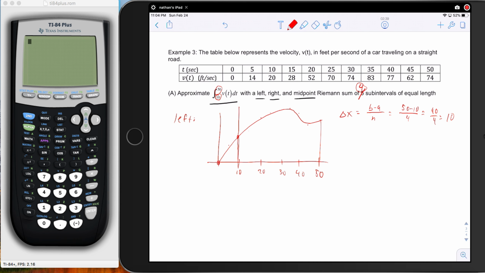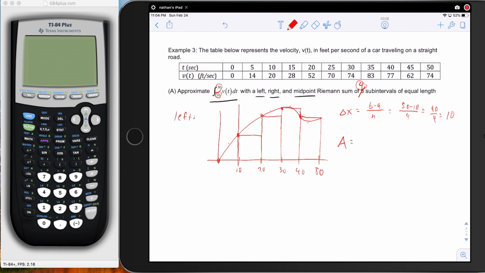And so from my left corner, here's my first subinterval box. There's my next corner for a left, here's my next corner, and my next corner. Okay. So to approximate the total area under the curve using Riemann sums, we know my delta x is 10.